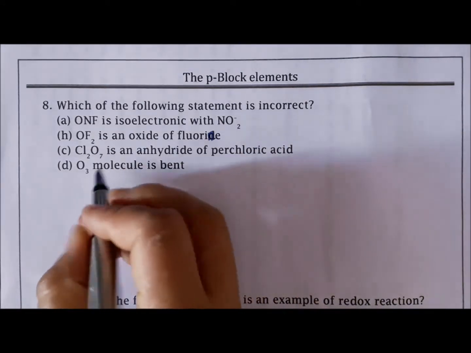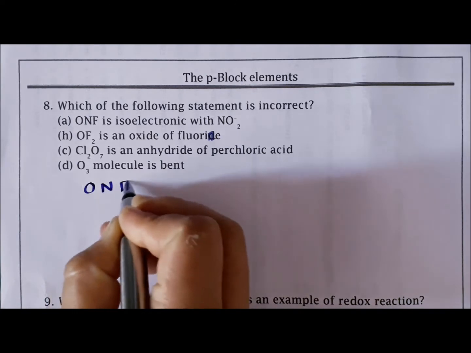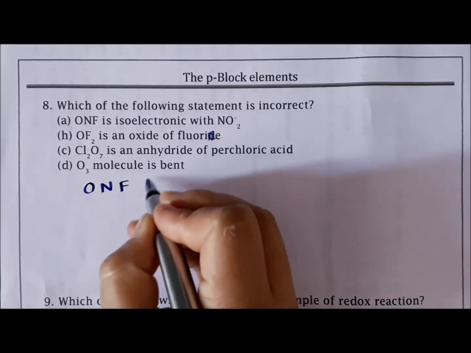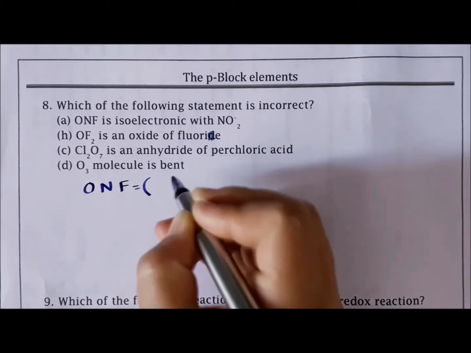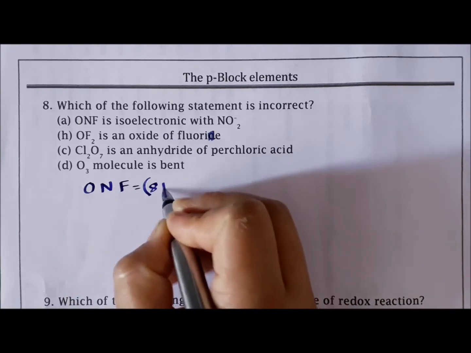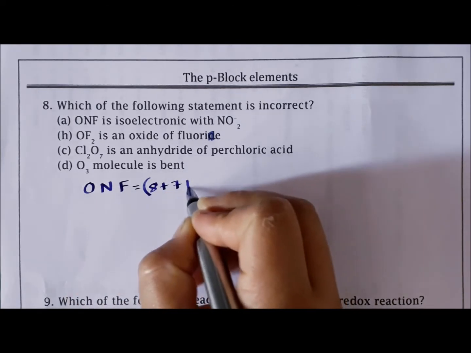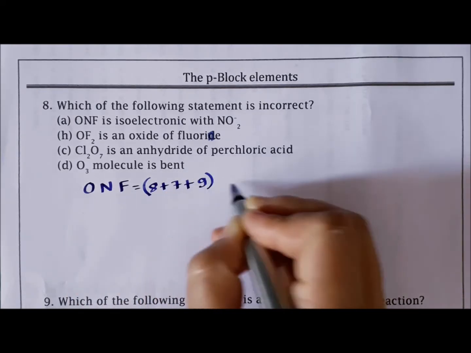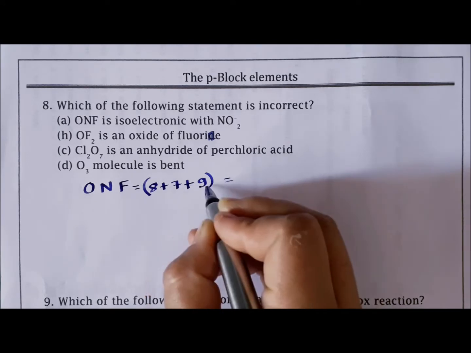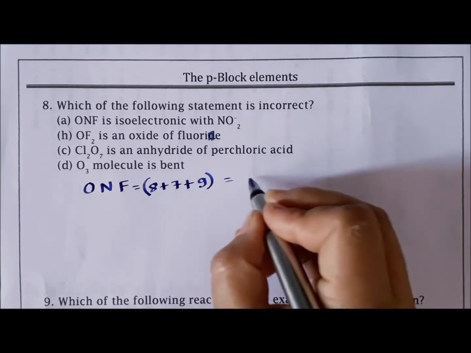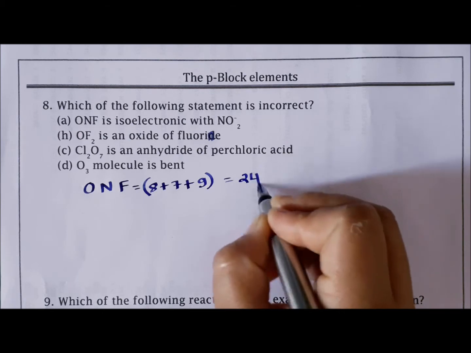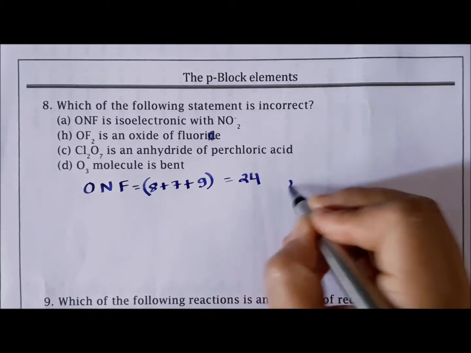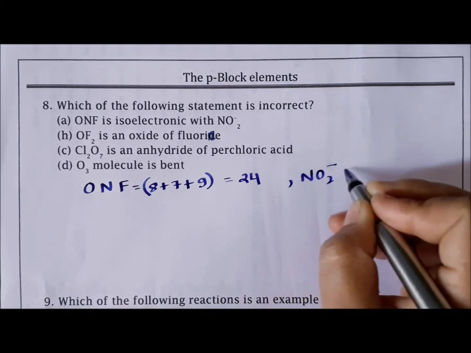First we'll start with ONF. What is the atomic number of oxygen? It is 8, for nitrogen 7, and for fluorine it is 9, right? So what is the total? 16 plus 8, 24, right? And next is your NO2 minus.